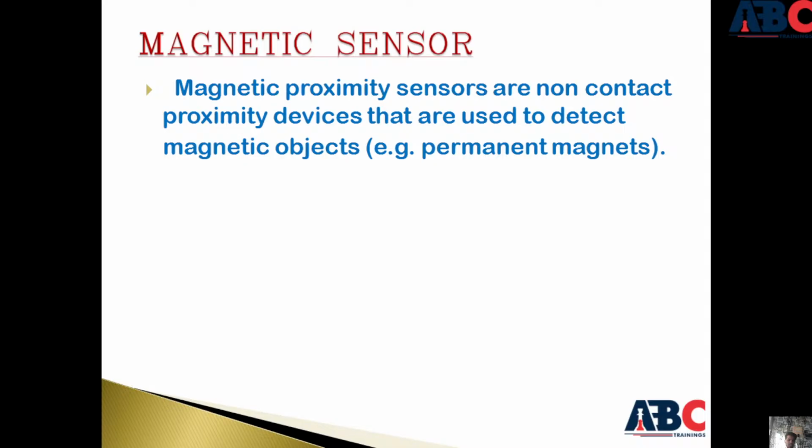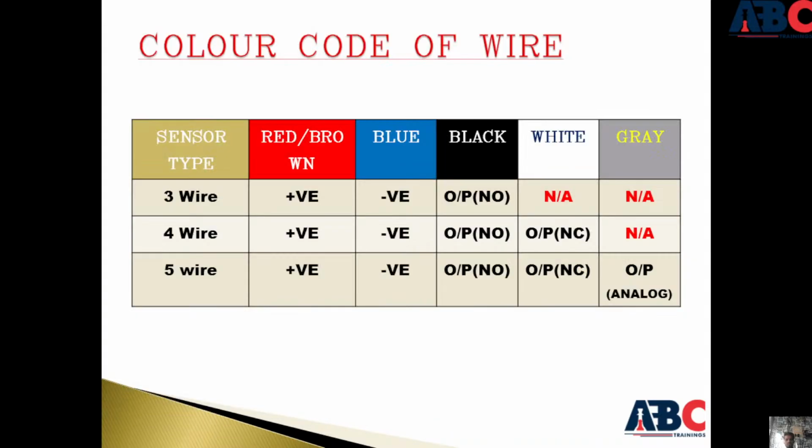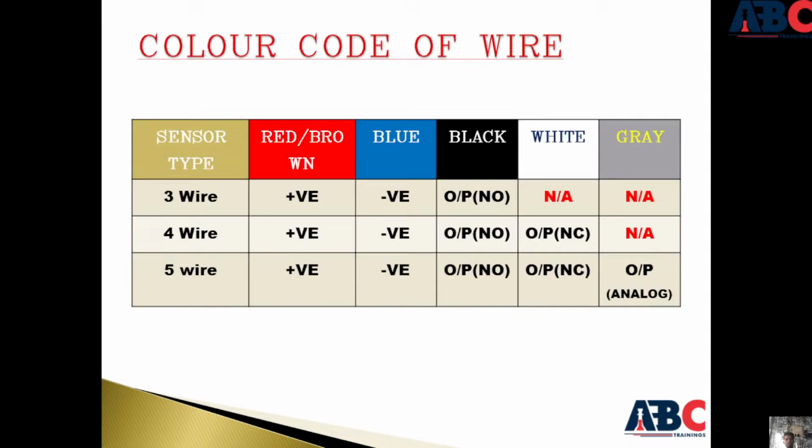Magnetic sensors. Magnetic proximity sensors are non-contact proximity devices that are used to detect magnetic objects. Example: permanent magnet. Color code of wires: sensor types with 3 wires, 4 wires, 5 wires.